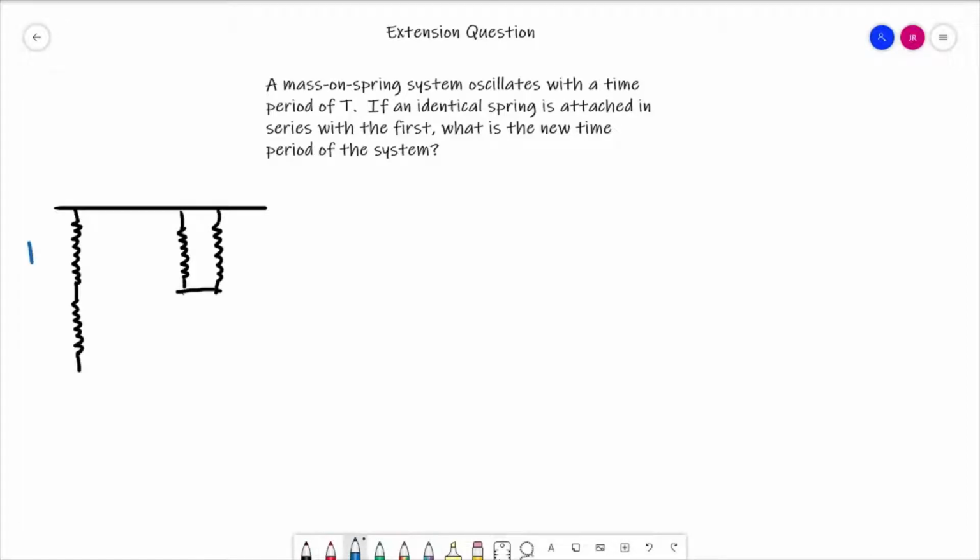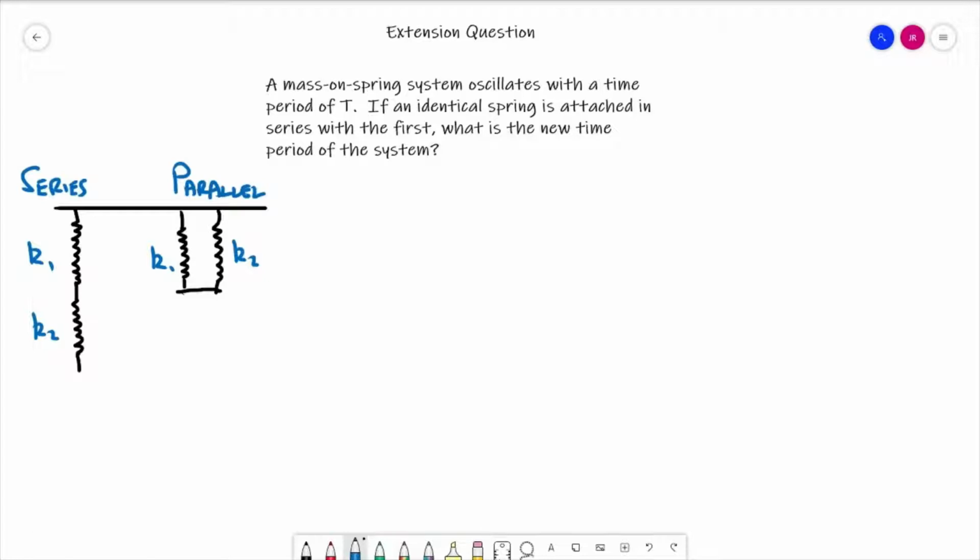We'll look in general terms first, K1 and K2 for that one, K1 and K2 for that one. There is the series version, and there's the parallel version.